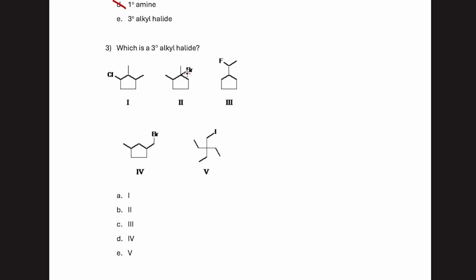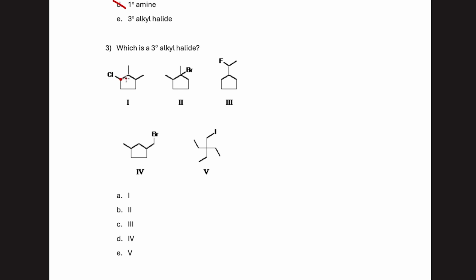The next problem is asking us which is a tertiary alkyl halide. And so what we're going to do is just move 1 by 1 and classify each alkyl halide. It's good practice. It's also going to help us identify which one is the correct answer. And so the first problem, we have a chlorine.